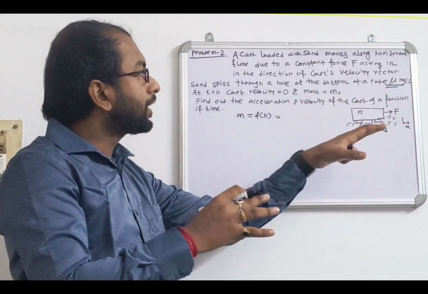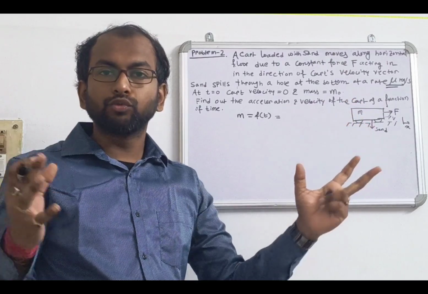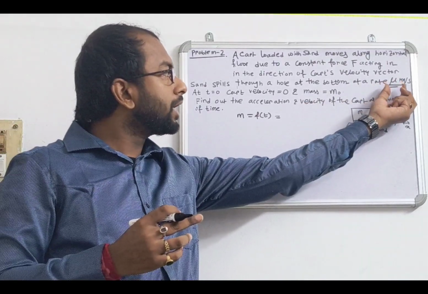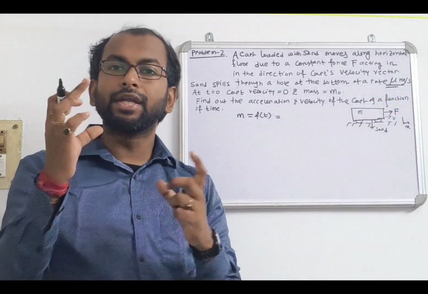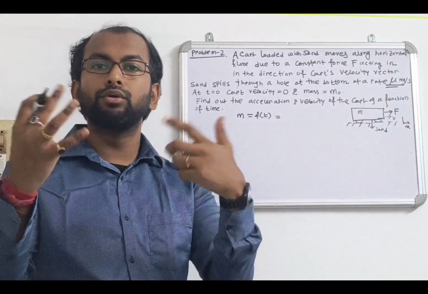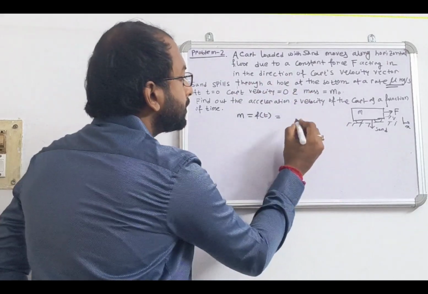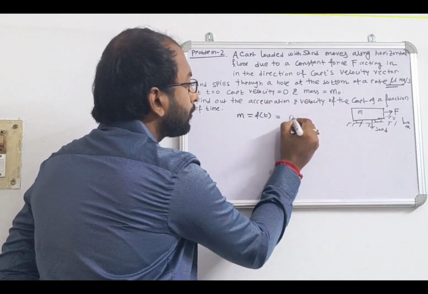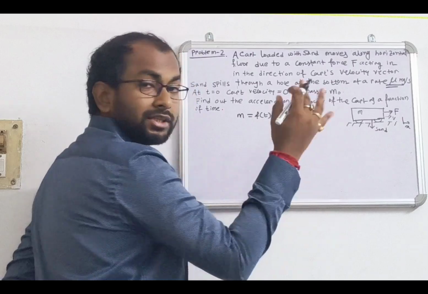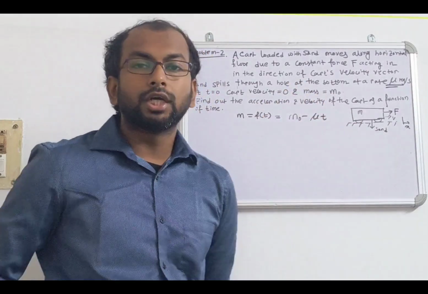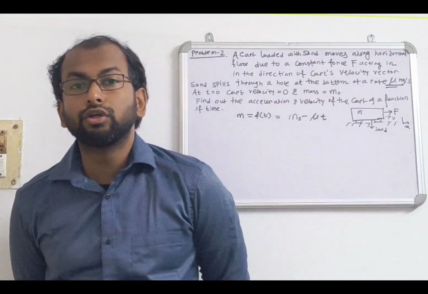So at time t, how much mass will have gone out? If the mass is lost at a rate of mu kg per second, then in time t the mass lost is mu into t. So at any point of time the mass will be m0 minus mu t.